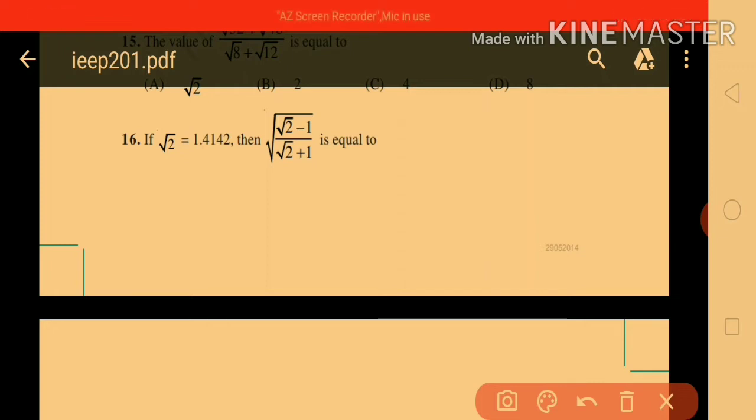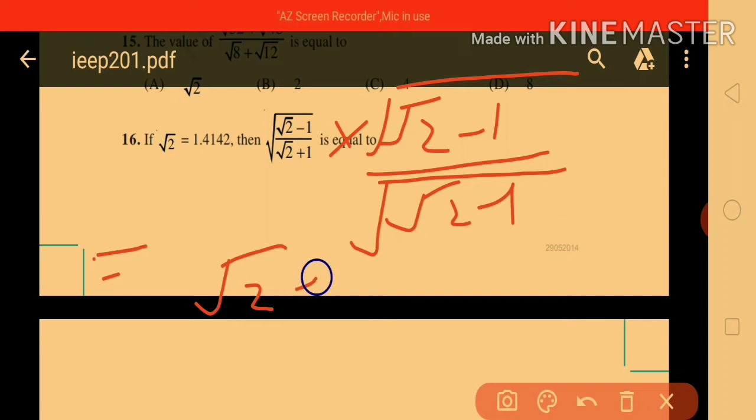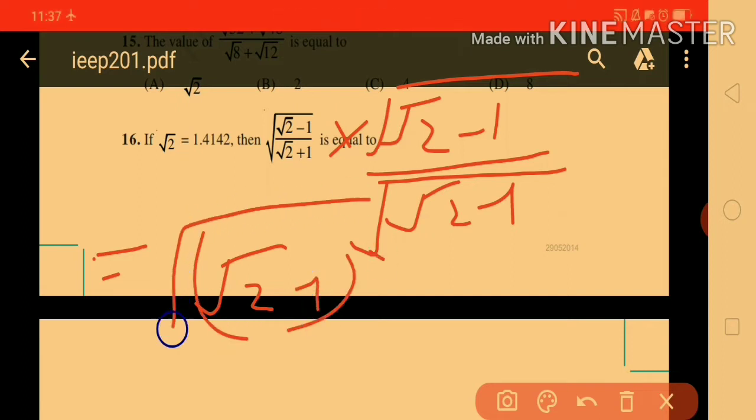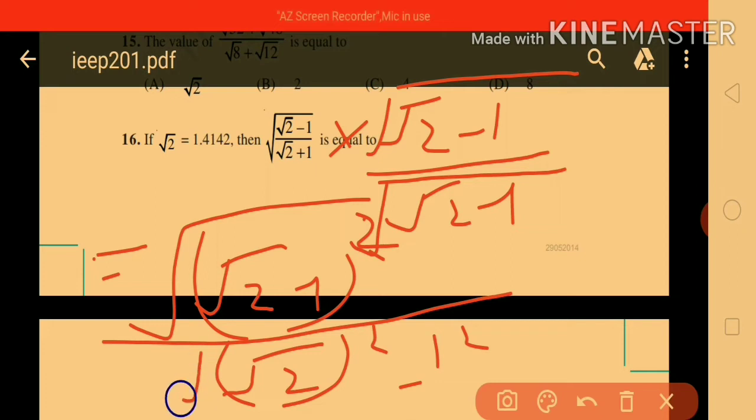At first we will do the rationalization. Always we will do the rationalization at first in these types of questions. So take root 2 minus 1 by root 2 plus 1 under the root, right? So this is equal to the same base, root 2 minus 1, so (root 2 minus 1) square under the root, and in the division root 2 square minus 1 square under root, right?